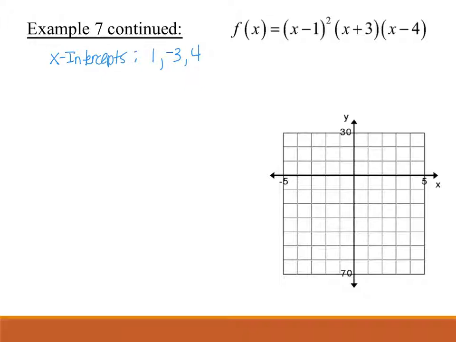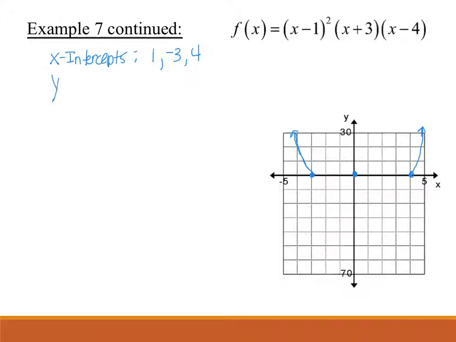So we will put those in, right, at 1, minus 3, and 4. The end behavior tells us that this is going to come up like this somehow, and it's going to come up like this somehow on the other side.